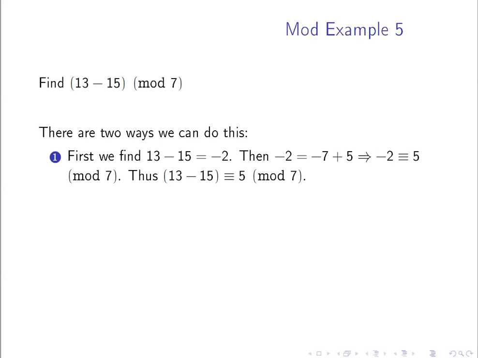Now, in this particular situation, that's not too bad, but that could get really, really hairy really quick, especially as we add more operations in here. There is an alternate way to do this. Let's start with 13 mod 7 and 15 mod 7. What are those? Pause the video and determine those two mods.